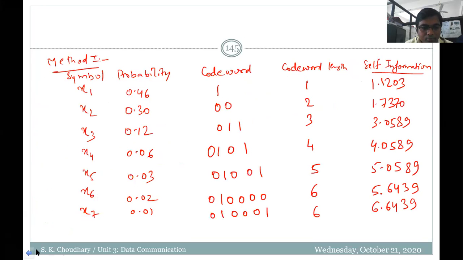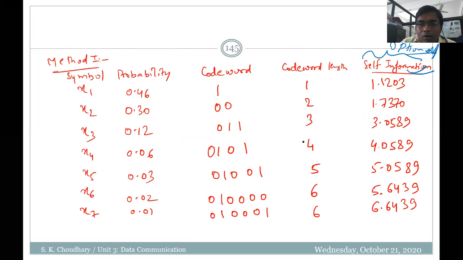I have written here, so you can see for the first one it is 1, then 0, 0, then 0, 1, 1, then 0, 1, 0, x5, 0, 1, 0, 0, 1, and x6 and x7 we have done today. The code word length is also written in front of this, and I have also found the self information, which you can also do. For our university paper it is optional, but if you find this out, it would give you better marks.